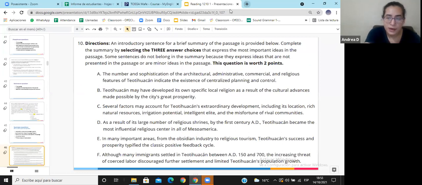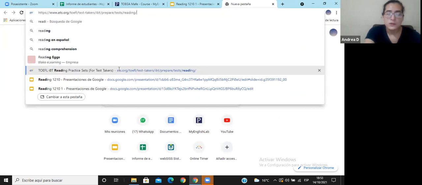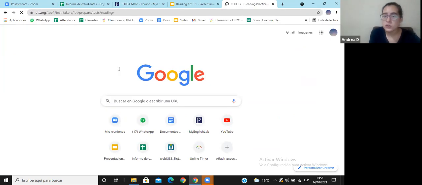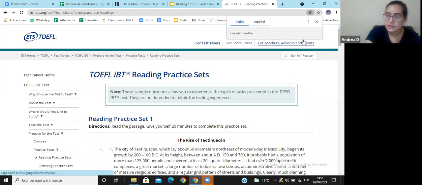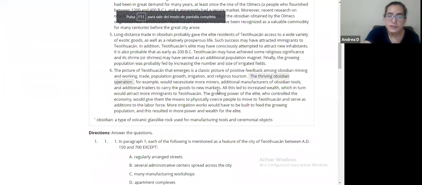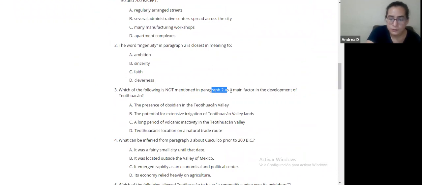Now, the thing about that is that if you decide not to read the entire paragraph, it might be harder, but I think you can do it still. Let me show you how or why. As you can see, when you answer question 1, it's usually about paragraph 1. Question 2 is about paragraph 2. Question 3, paragraph 2 again.